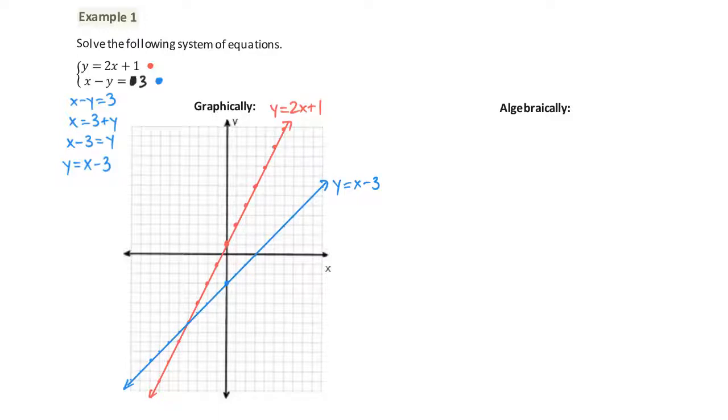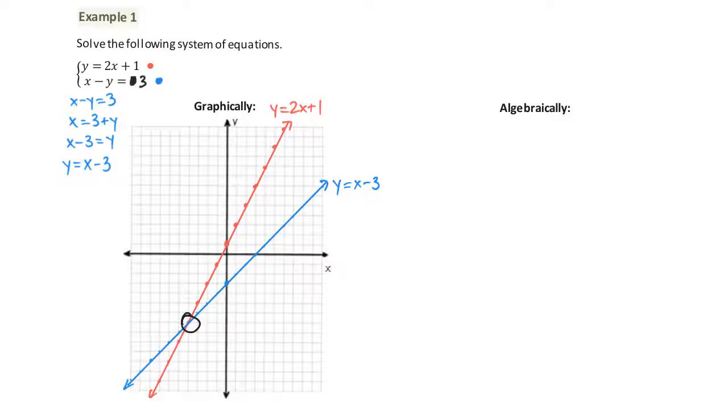All right, so what do we have here? The red line is a picture of all the possible solutions to the first equation. The blue line is a picture of all the possible solutions to the second equation. I'm looking for the spot where I have a solution to both equations at the same time, and you probably guessed it, it's where they intersect.